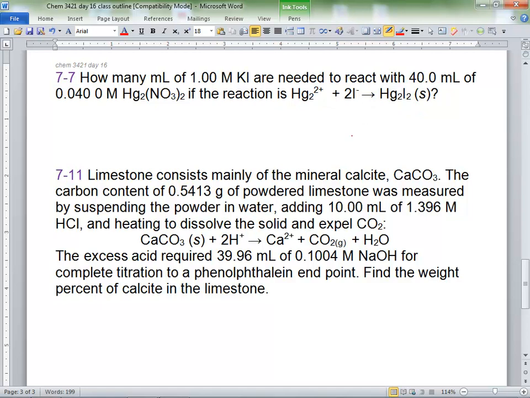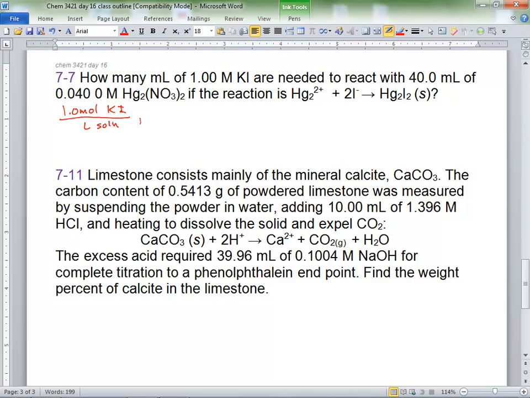So where would you start on something like this? Mariella, where would you start if we want to approach it the way we have been approaching these types of problems in the past? Yes, thank you. Rewrite these molarities: 1 mole of KI over a liter of solution.